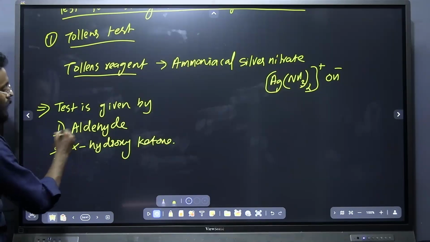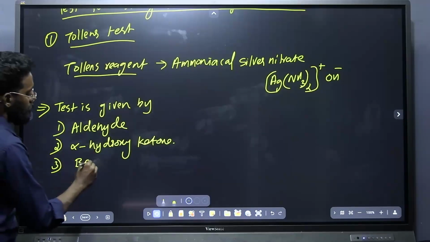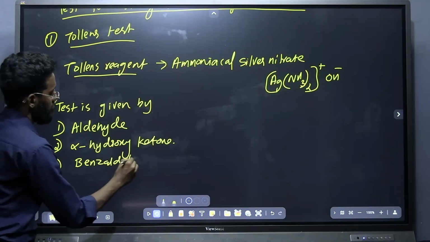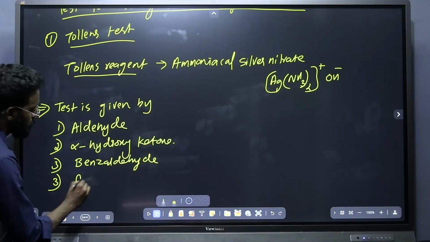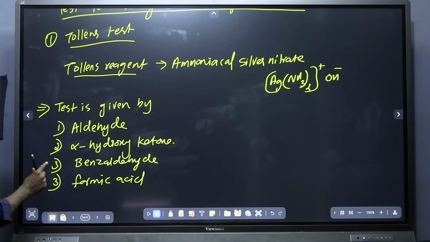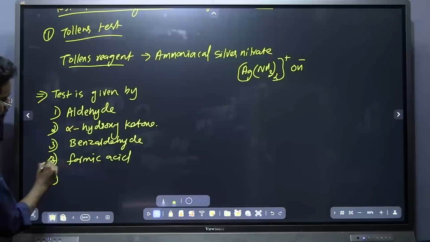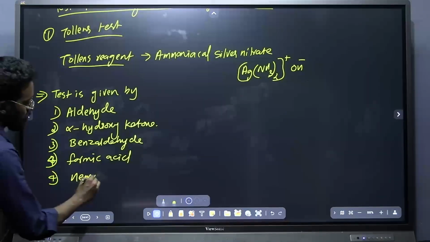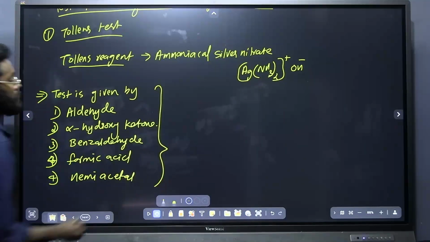And apart from the normal aldehyde, benzaldehyde also will be giving the Tollens test. Then another, formic acid. All of it, take a note of it. This is going to be the question in the exam. Formic acid, and then hemiacetal.